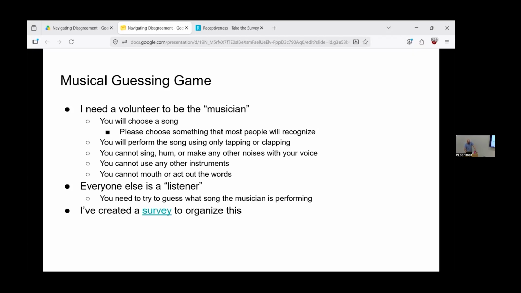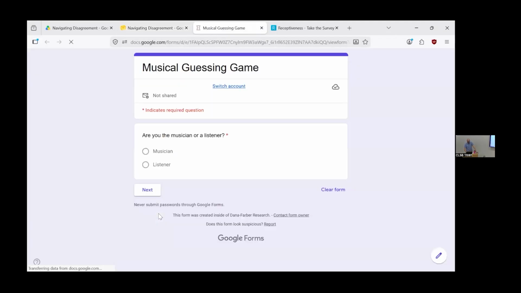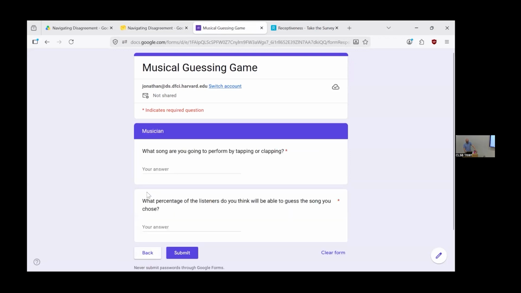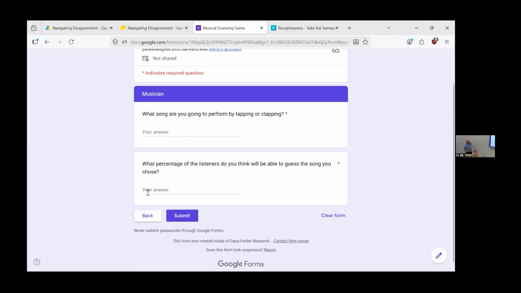So I've created a survey to organize this. I'll share it in a moment, but I just want to show it to you first. If you're the musician, there's only going to be one of you. You're going to enter what song you're going to perform by tapping or clapping. And I also want you to guess what percentage of the listeners you think will be able to guess the song you choose. You want this to be as high as possible. This is why I'm saying choose a well-known song.